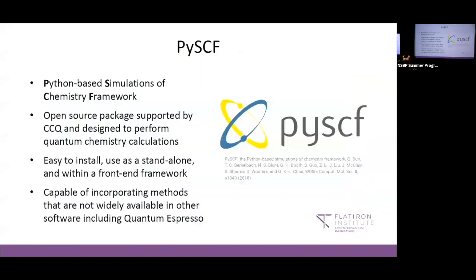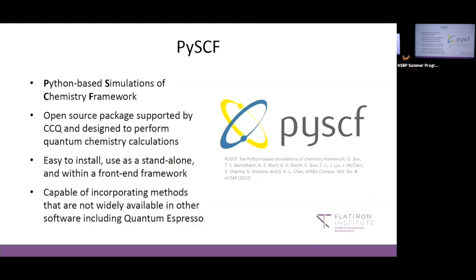This is where PySCF comes in. It is a Python-based Simulations of Chemistry Framework. It's an open source package that is supported by CCQ. So it's great. It's in-house, but it's also widely available to the rest of the scientific community. It's designed to perform quantum chemistry calculations.